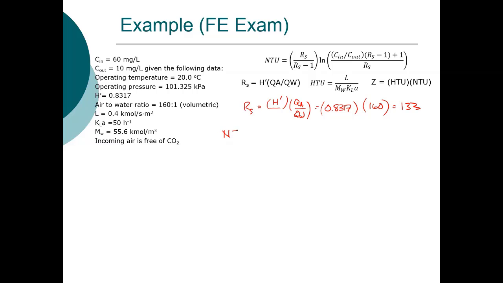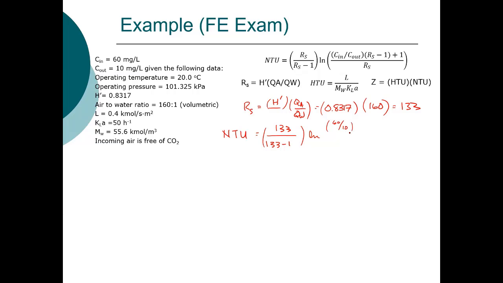So the number of transfer units is equal to 133 over 133 minus 1 times ln of, and C in was 60 over 10.